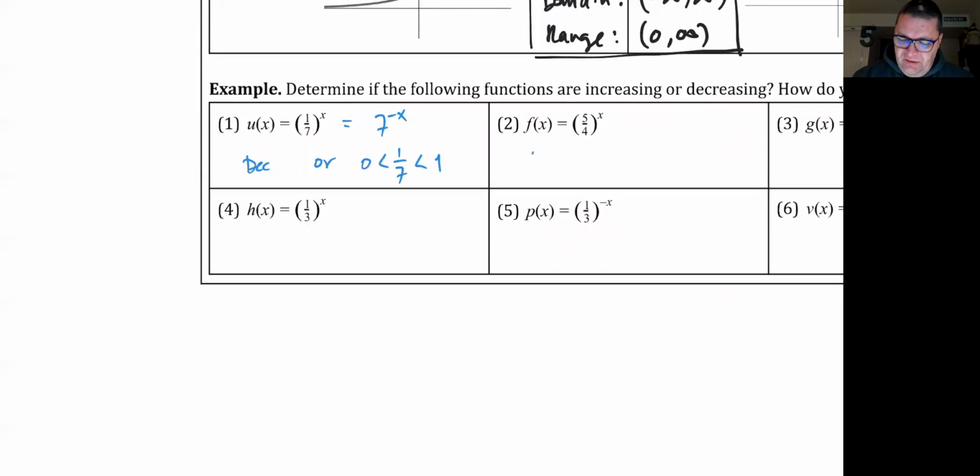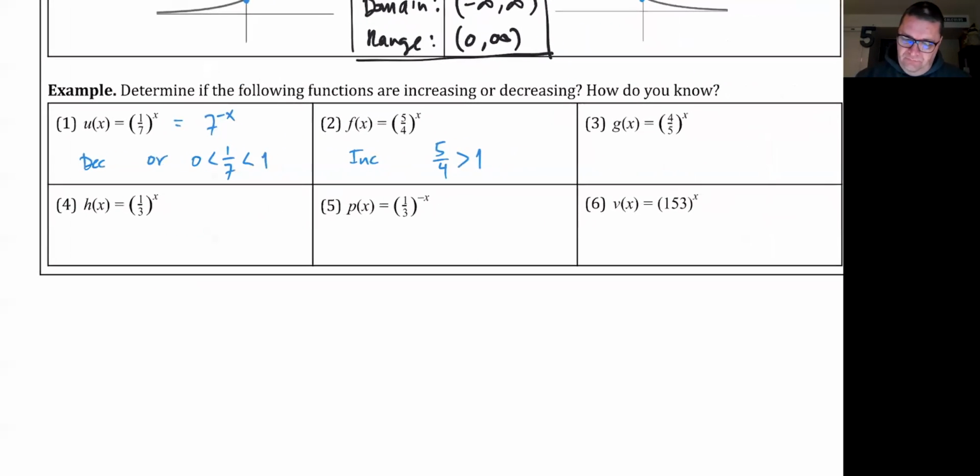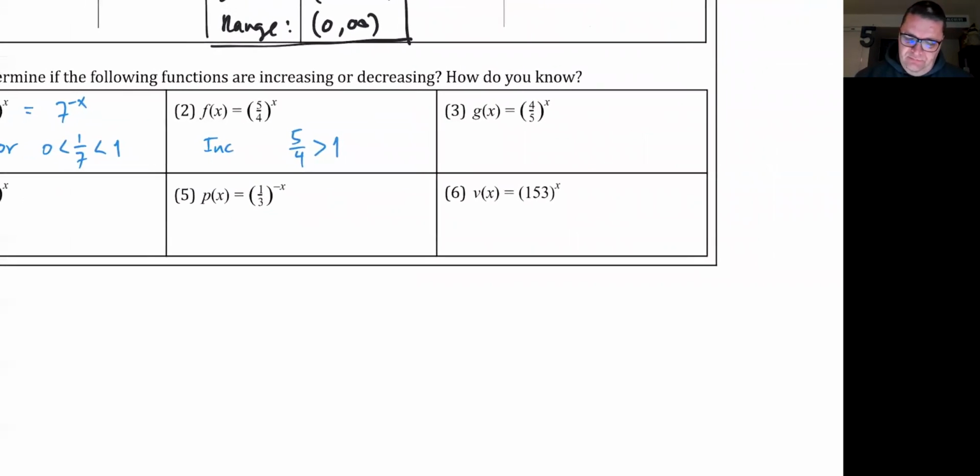Now, for the next graph, this is going to be increasing. And the reason is because 5/4, which is the base, is greater than 1. The next one, gotta be careful not to be fooled. It's the same numbers, but the fraction is the reciprocal of the previous one. So this is decreasing, and that will be because 4/5 is between 0 and 1.